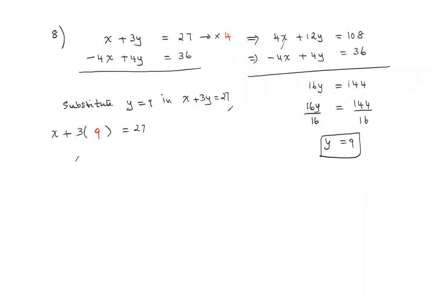So x plus 27 equals 27. So x is going to be 0. So the solution is (0, 9). And since there is one solution, the system is consistent. And of course, it is independent.